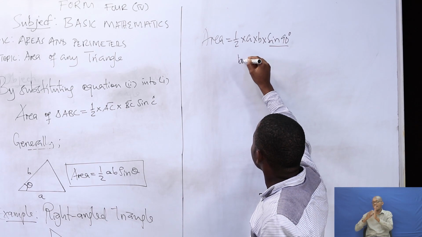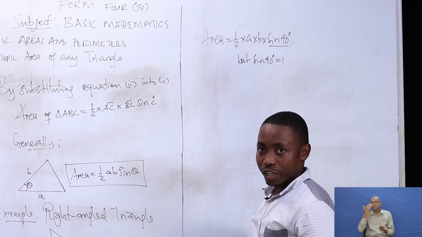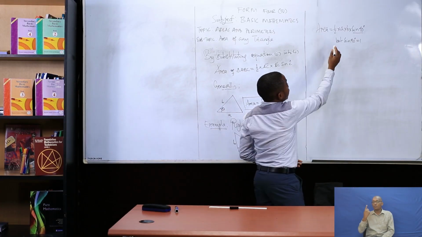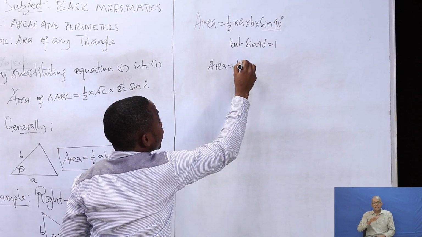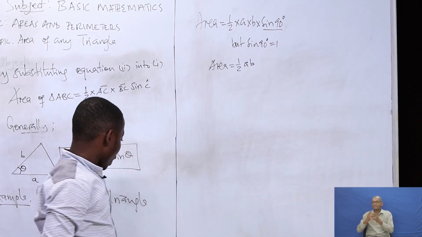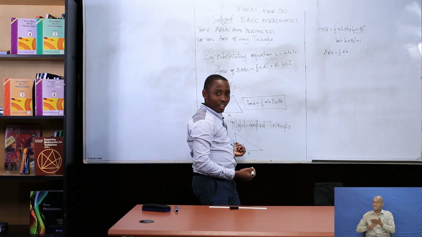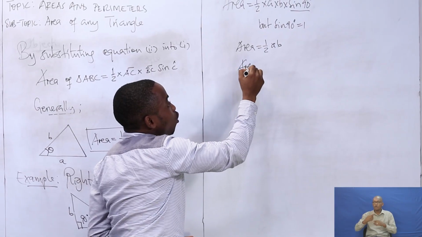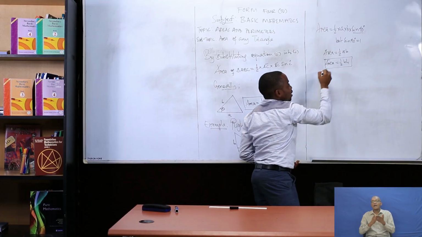But we know that sine of 90 degrees always equals 1. So we get area equals a half times A times B, whereby A is the base and B is the height. That's why they always say the area of a right-angled triangle is a half BH. They use it this way.